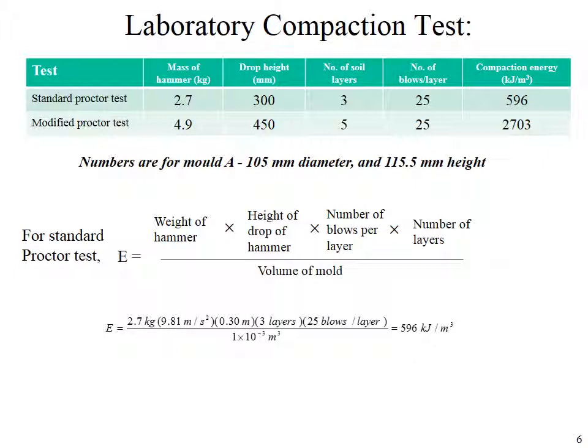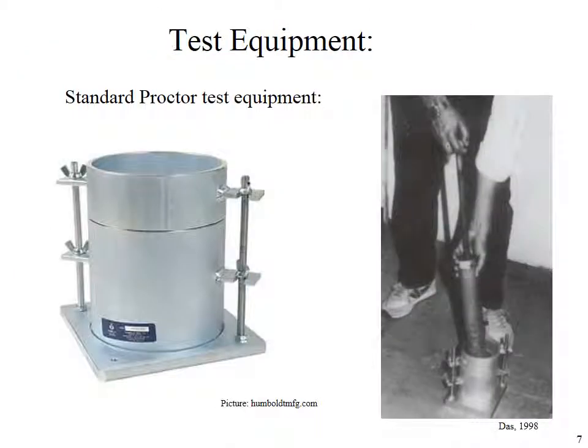If we put the values in this equation, we get the energy of the standard Proctor test: 2.7 kilogram times 9.81 meter per second square times 0.3 meter times 3 layers times 25 blows per layer divided by 1 times 10 to the power minus 3 meter cube, which is the volume of the mold, and it will be 596 kilojoule per meter cube.